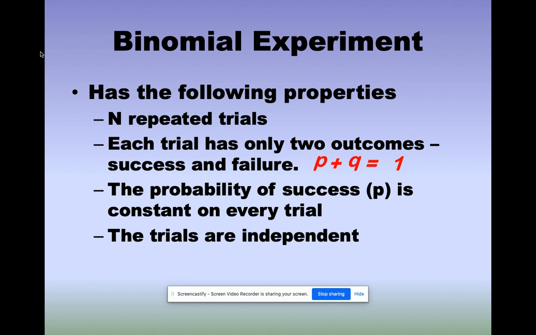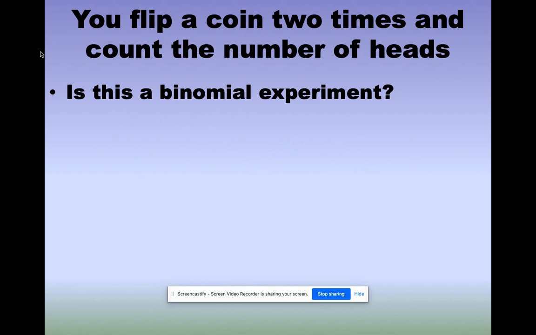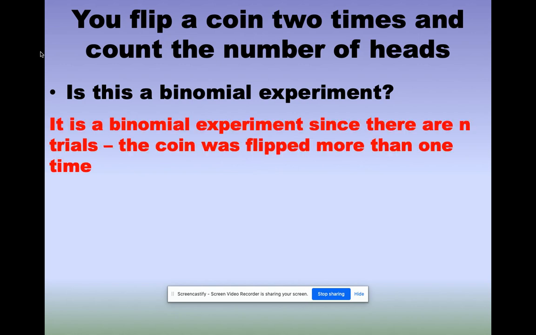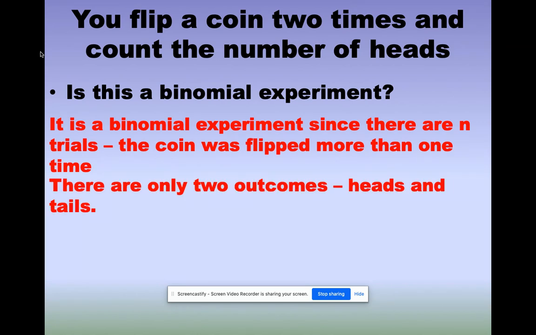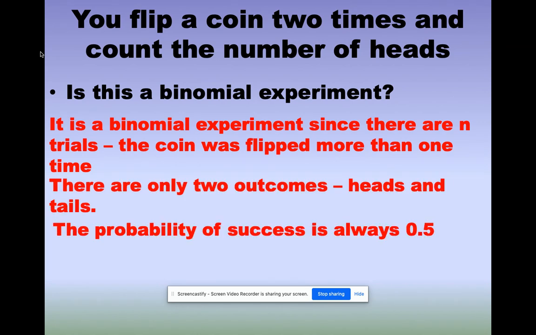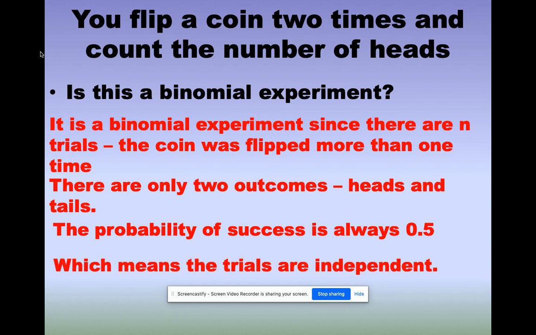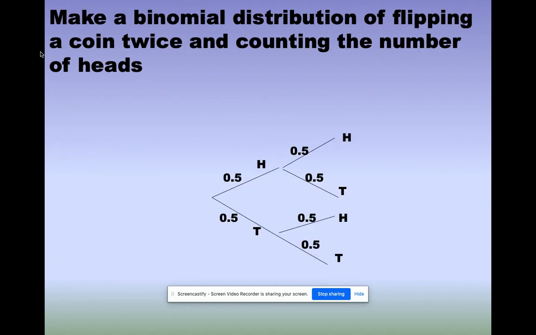The probability of success has to stay the same every time you do your experiment, which means our trials are independent. So this is a binomial experiment because I have more than one time that I'm flipping my coin. There are only two outcomes. The probability of success, which is getting a heads, is always the same, 0.5, and that makes our trials independent.